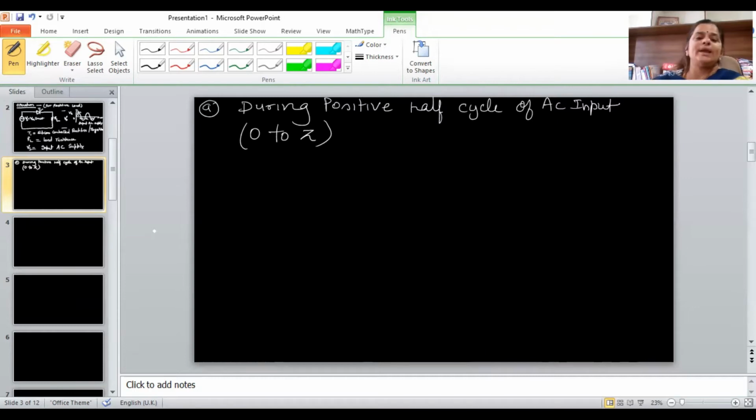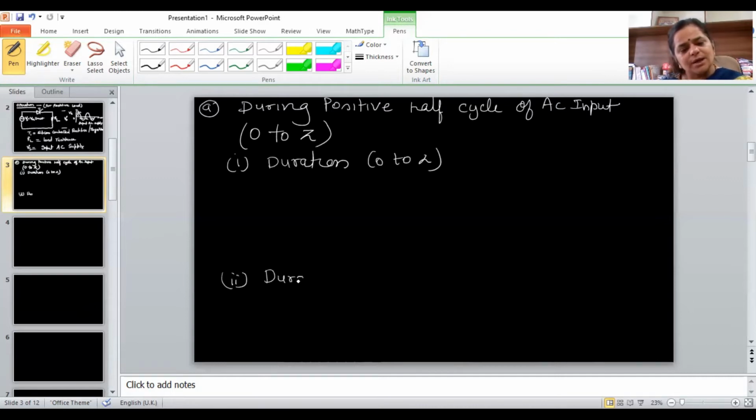is called the firing angle. So we need to understand the operation of a single phase half wave fully controlled rectifier during the positive half cycle in two parts. One is the duration 0 to alpha, that is before firing, and another is the duration between alpha to pi.